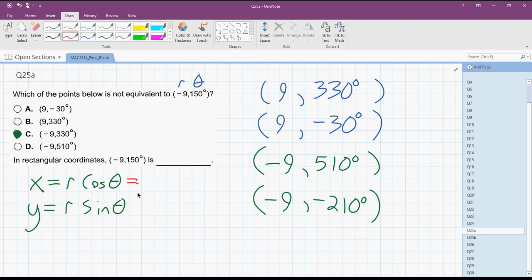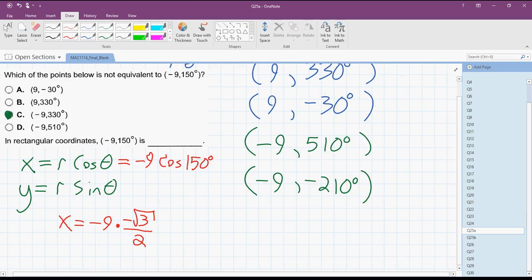So x is going to be negative 9 times cosine 150 degrees. And we know what cosine 150 degrees is. What is cosine 150 degrees? So you're taking negative 9 times negative square root of 3 over 2.